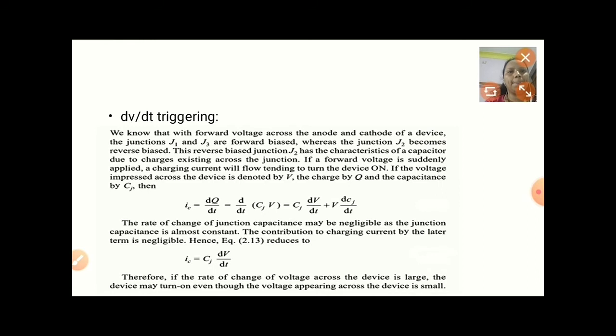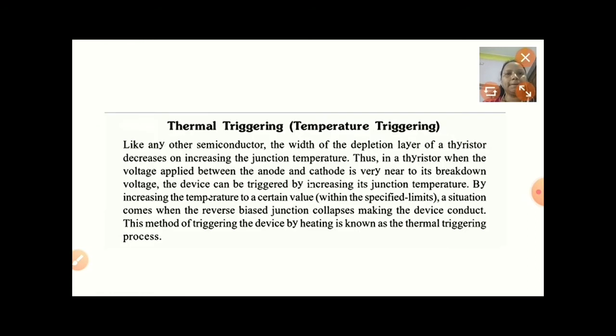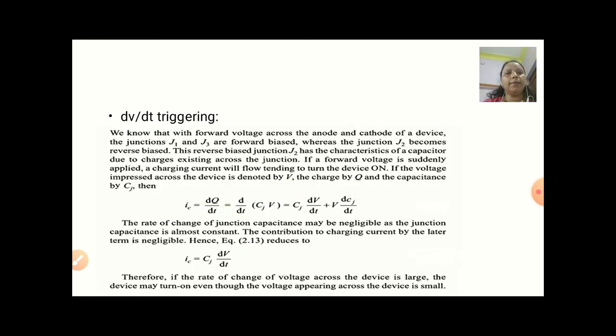In the dV/dt triggering, what happens is that when forward voltage is applied across the anode and cathode of a device, the junctions J1 and J3 are forward biased and junction J2 becomes reverse biased.